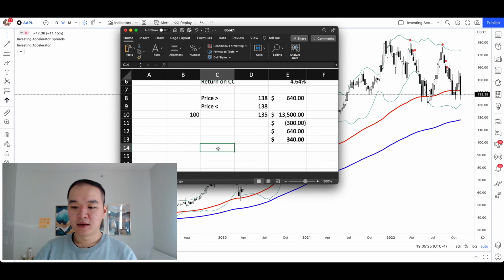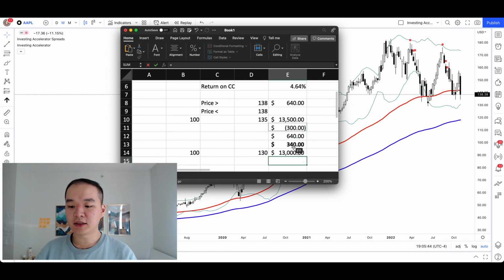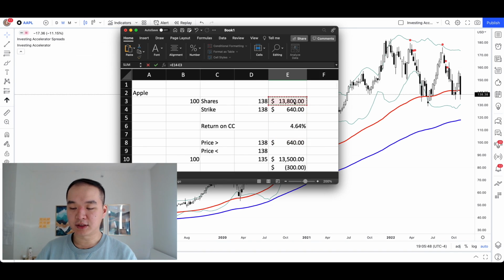Okay? Now, what happens if it dropped more within the 30 days? So let's say it goes to 130. Then that means for 100 shares, it'll be 13,000, and the loss will be 13,000 minus 13,800.